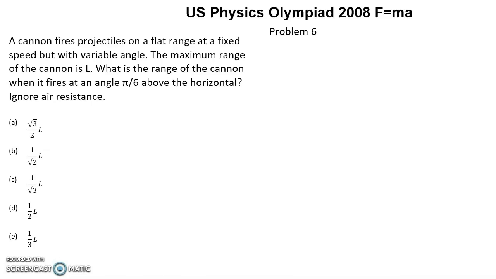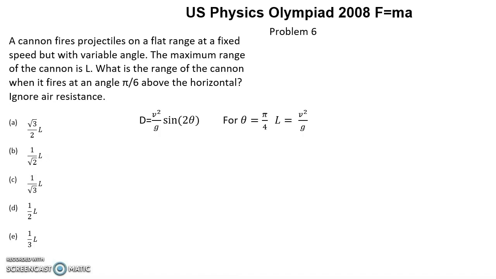Solution. We know that range for cannon equals D equals V squared over G multiplied by sine of double angle theta. Maximum range we have when theta equals pi/4, so it means that sine equals 1.